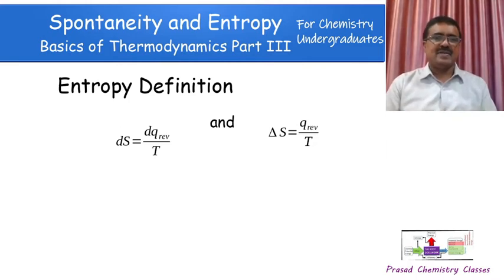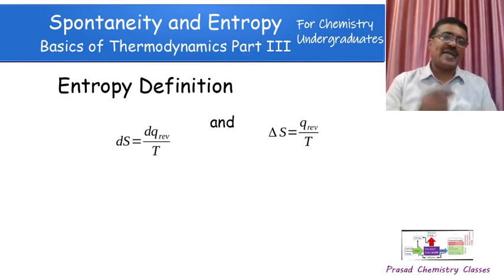That is the difference. We have dS equal to dq reversible by T, that's fine. And if temperature remains constant in a reversible process, we can also write delta S is equal to q reversible by T. But in a process in which temperature changes, we cannot simply write delta S is equal to q by T. Sometimes for rough approximations, you take the average temperature and divide q by T. That is only a rough approximation and does not give the actual value.